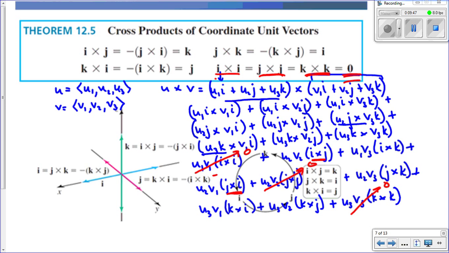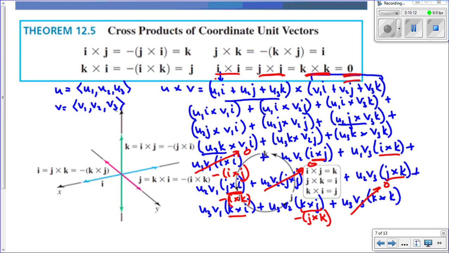So I'm going to replace this with negative i cross j. Likewise, we have an i cross k, and I'm going to change the k cross i to negative i cross k. And lastly, we've got j cross k. I'll change k cross j to negative j cross k.